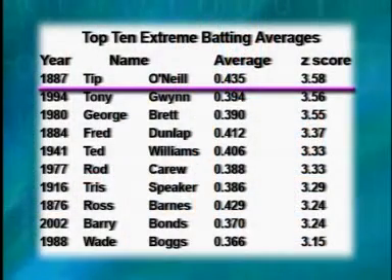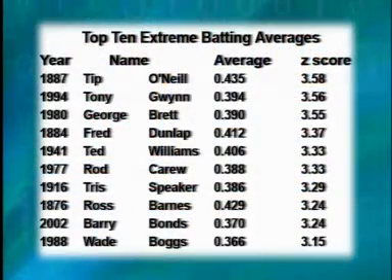Here we have an example of a player who was 3.58 standard deviations above the mean. That corresponds to a fraction of 1 in about 5,000. That would be that far away from the mean in a normal distribution, which batting averages are, roughly speaking.